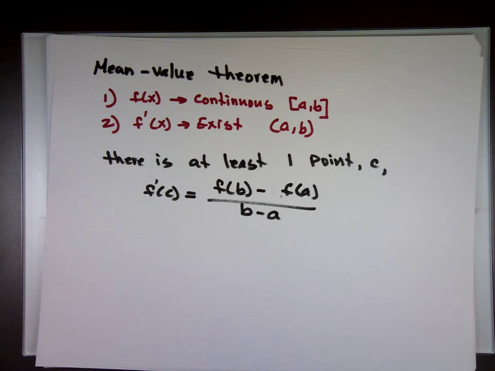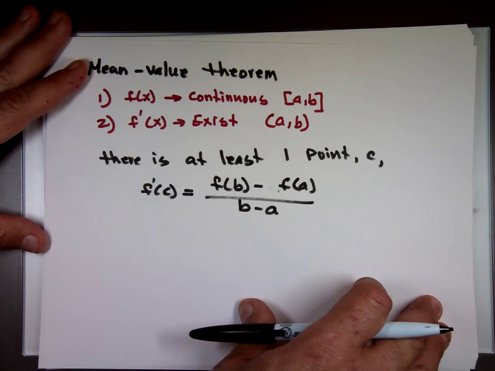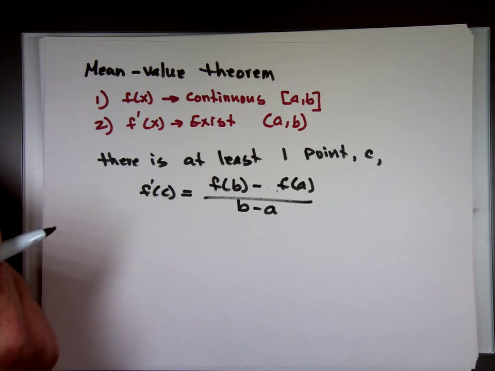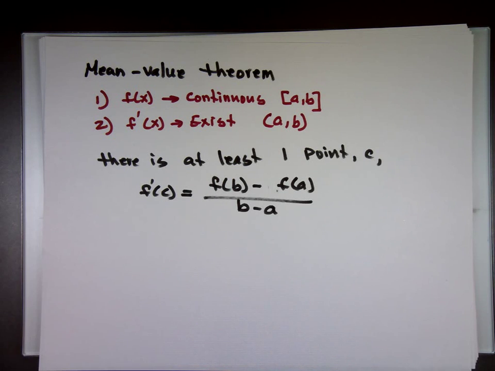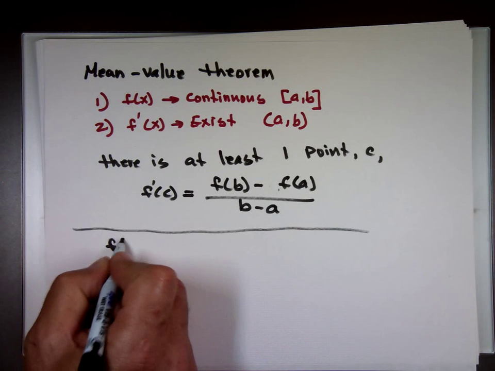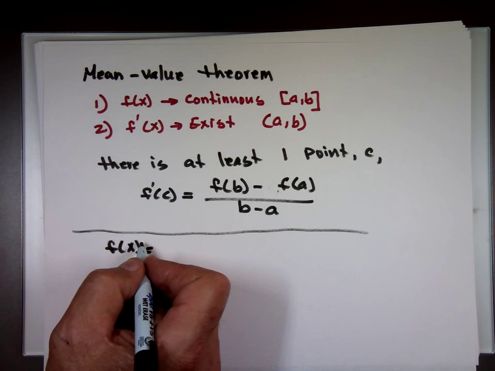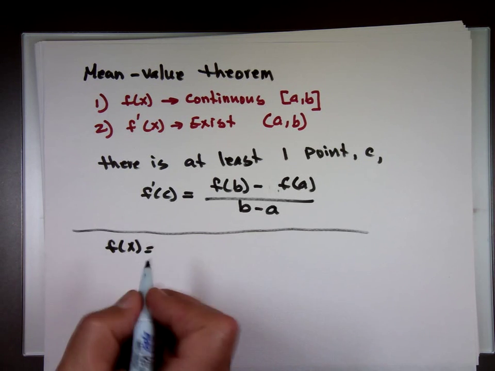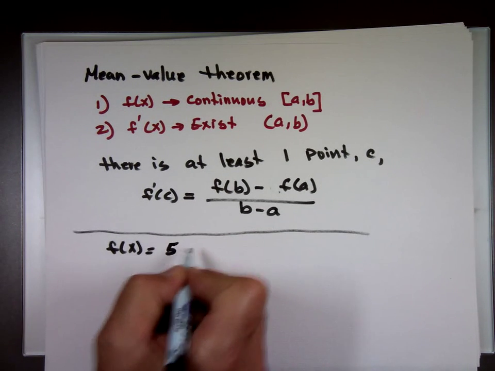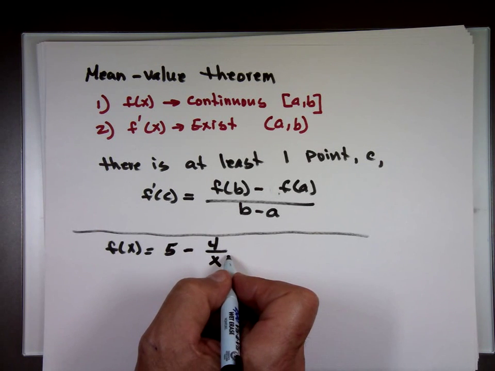So let's take an example and see how that works, just like the other one. Here's my example. F of x equals 5 minus 4 over x. We got a problem here. But wait a minute.